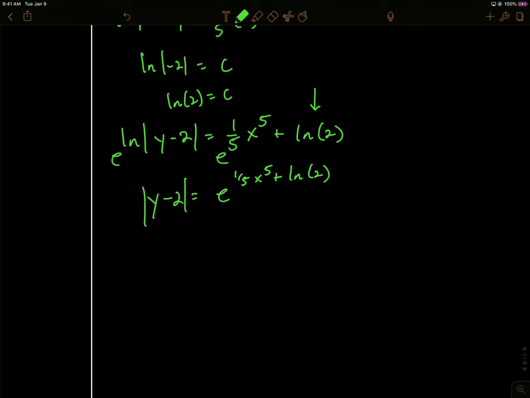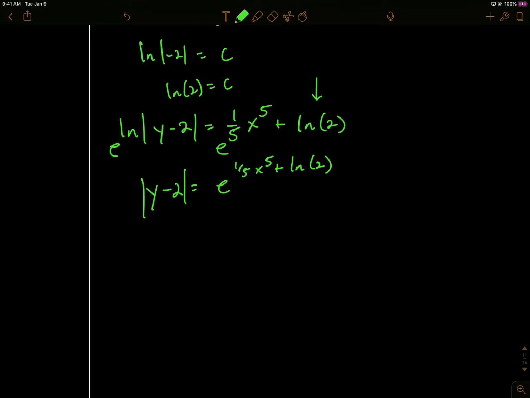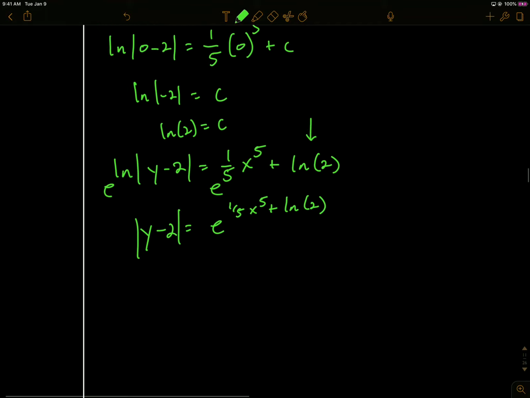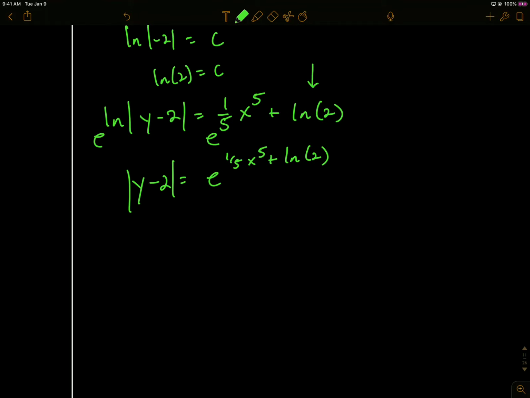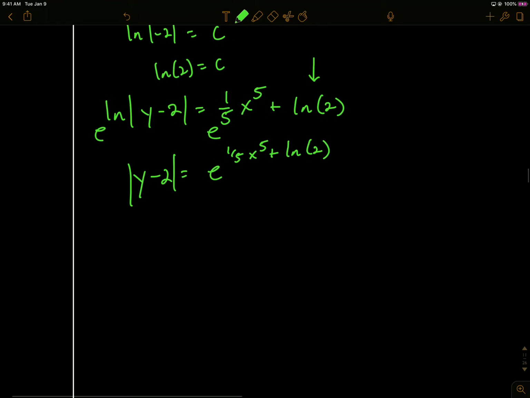So what we're going to want to do here is kind of apply the properties of logs in reverse. And that's helpful because it's going to help us deal with that e to the ln of 2 thing in this case. So what we have is the absolute value of y minus 2 equals e to the 1/5 x to the 5th times e to the ln of 2.